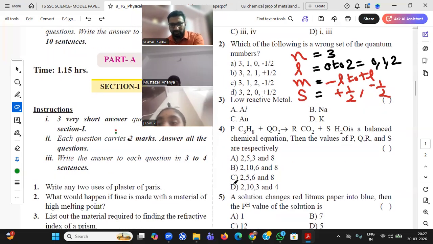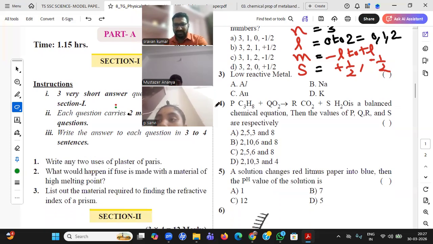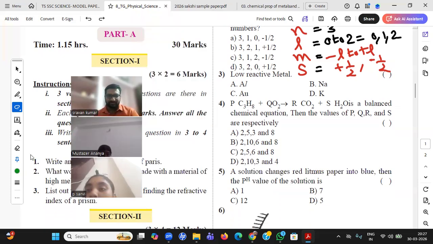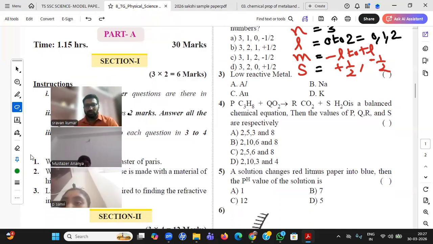Question number 4. Balancing, student, is just balancing. PQRS, you just need to balance and give the answer. It is asking for the values of PQRS.